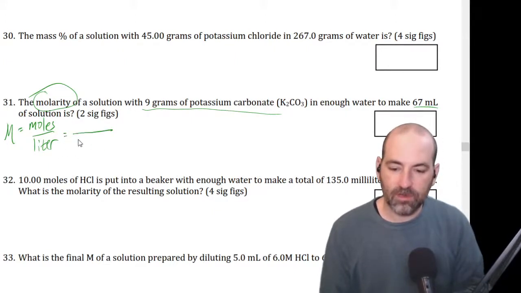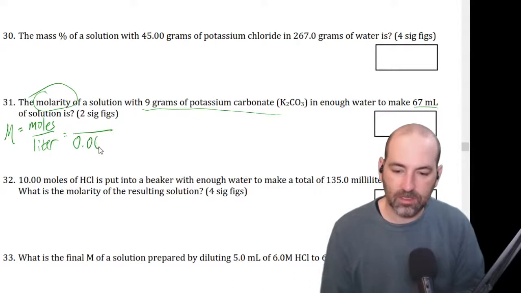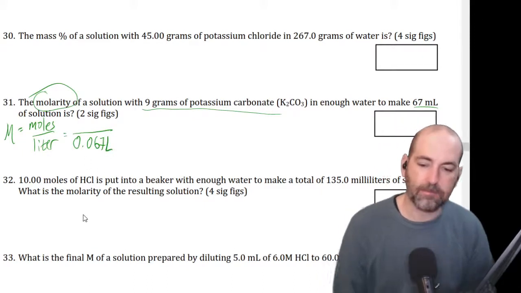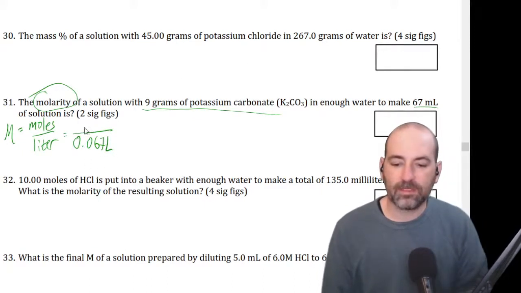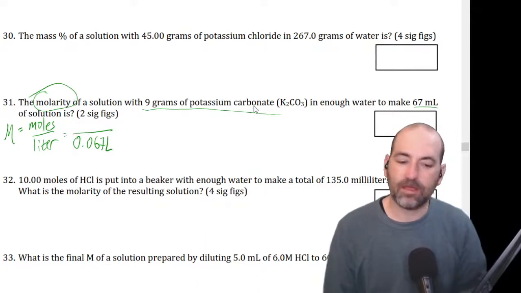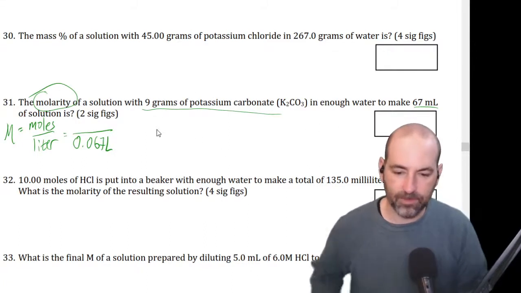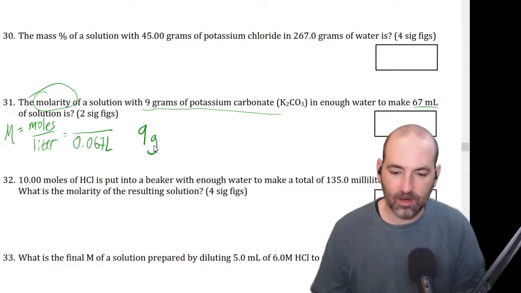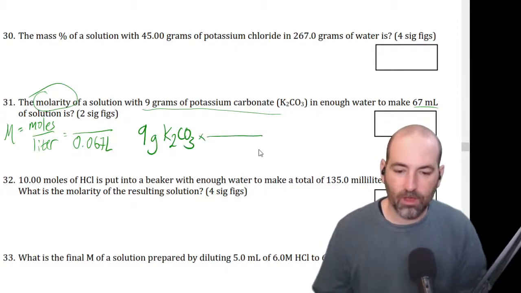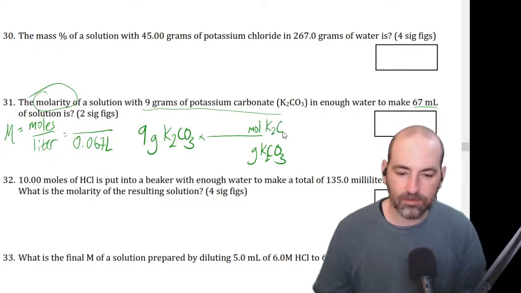So 67 milliliters, we can divide by 1,000 to get liters. So we got that. But this top part, the moles of potassium carbonate, that's going to take a little bit more of a conversion. So we're going to take that 9 grams of potassium carbonate and go from grams of potassium carbonate to moles.